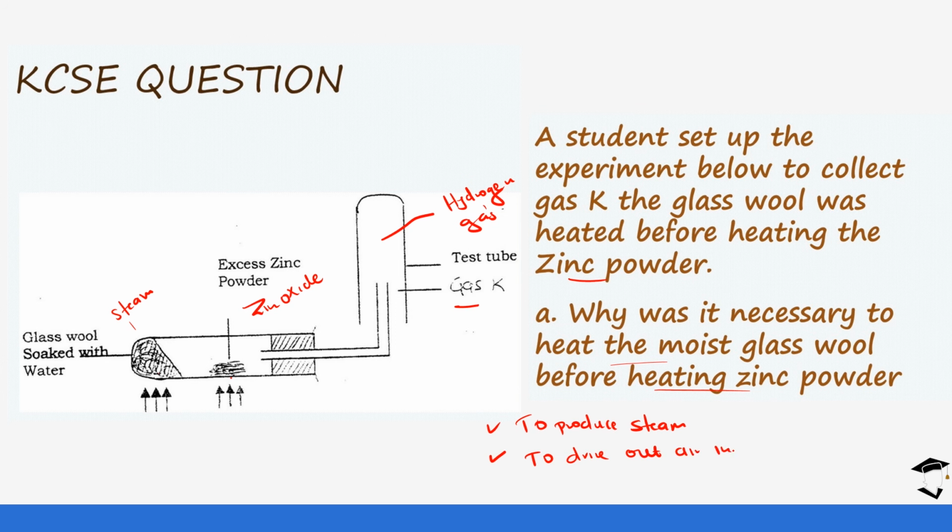If you are not able to drive this air out, it's going to react with the zinc and oxidize it to form zinc oxide, so we do not get our final product, which is the hydrogen gas that we want at the end of the day. So we heat to produce steam, which reacts with zinc, and also to drive out the air in the apparatus, because we do not want that air to oxidize the zinc to form zinc oxide before the reaction begins.